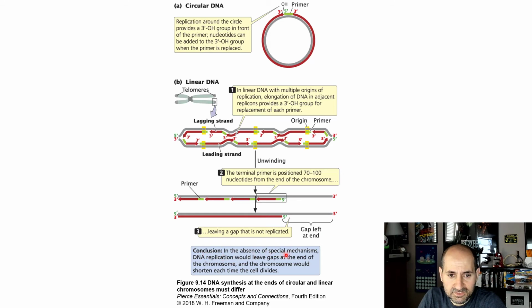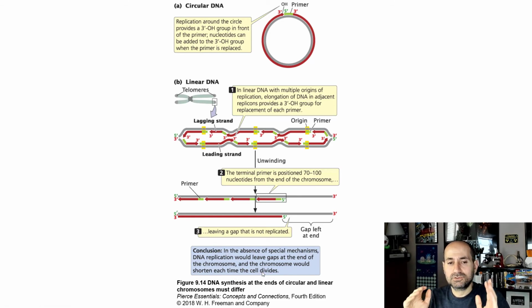Conclusion, in the absence of special mechanisms, if you don't take care of this gap here, that's 70 to 100 nucleotides from the end of the chromosome, DNA replication would leave gaps at the end of the chromosome, and the chromosome would shorten each time the cell divides. That is a huge problem.